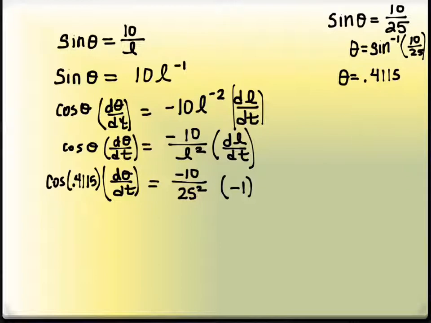All right, so a few things with this. On the right-hand side, this ends up being positive because I've got -10 and -1. So I really just have 10 over 25 squared, and 25 squared is 625, I think. I'm eventually going to have to divide by the cosine value that I just looked at, right? The cosine of 0.4115.